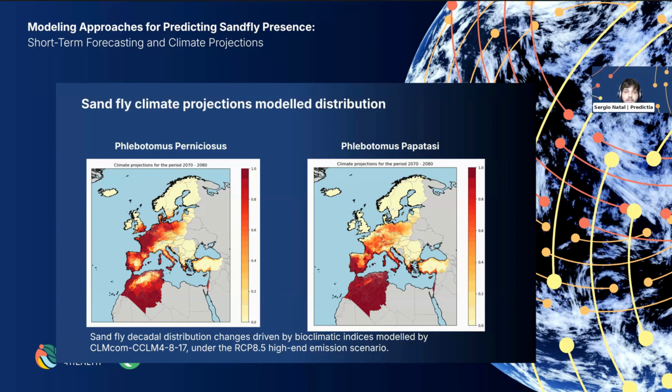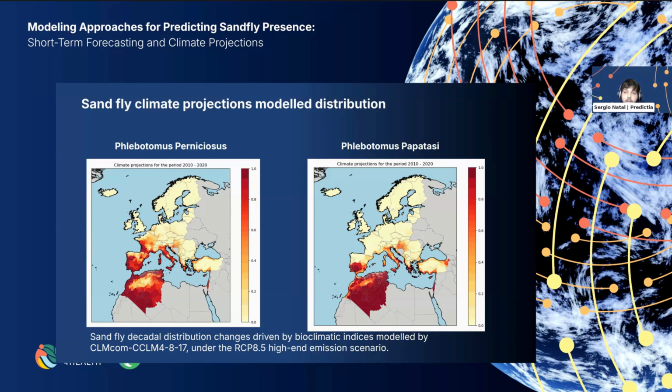The projections suggest a redistribution of risk rather than a uniform expansion, with clear gradients and directional shifts driven by long-term climate change.